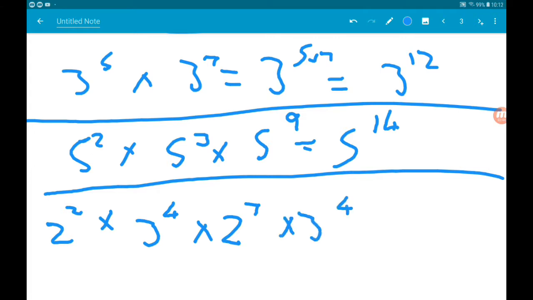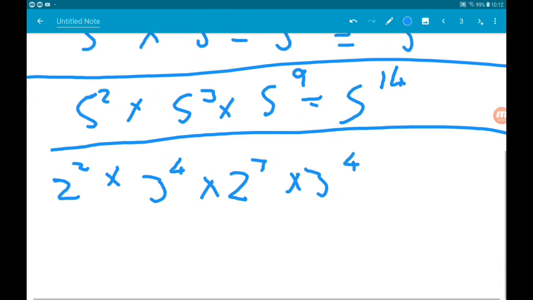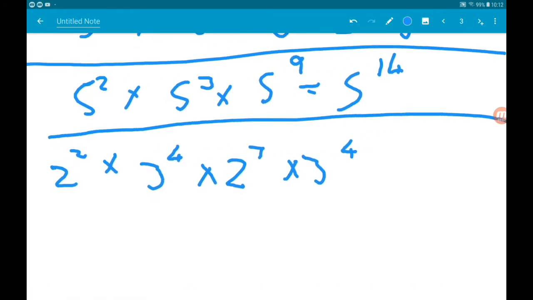With this one, we have two different bases, 2 and 3, so we can't combine this whole thing into one single term. But what we can do is combine the 2's and combine the 3's.